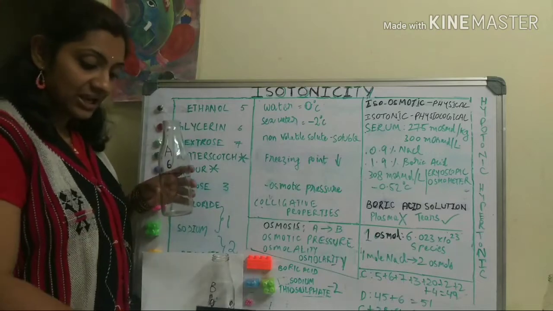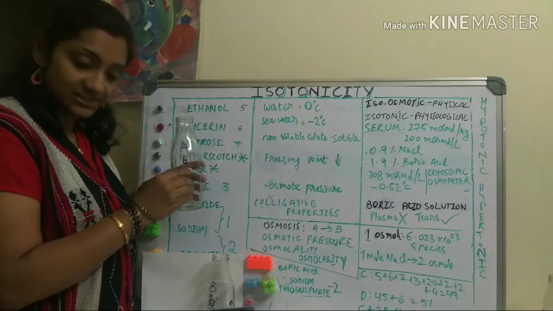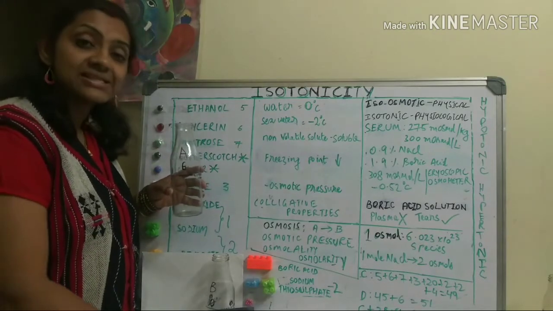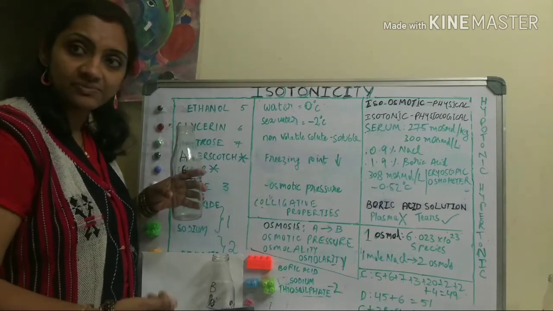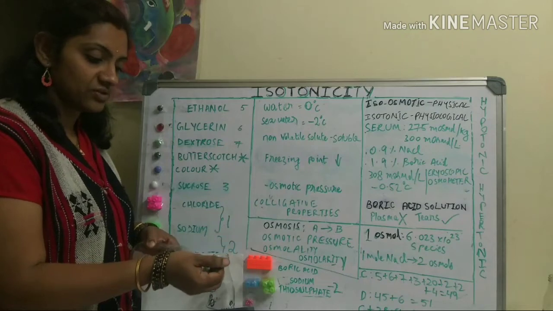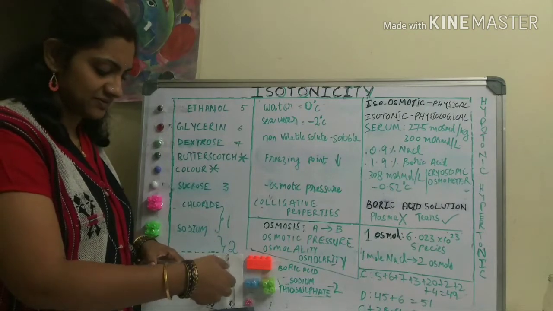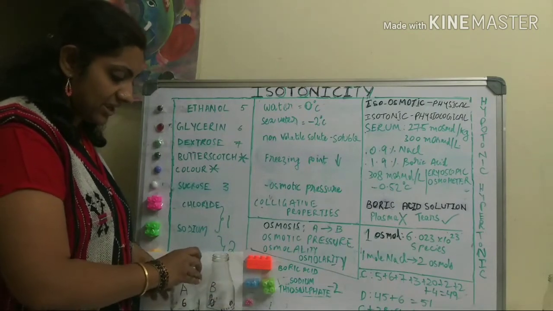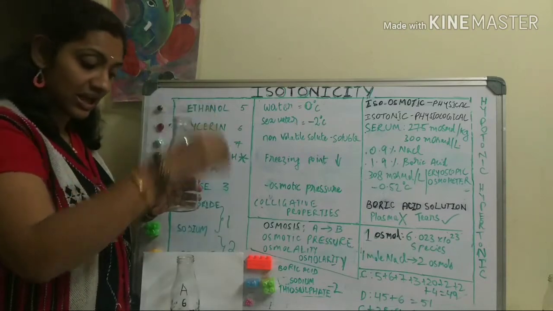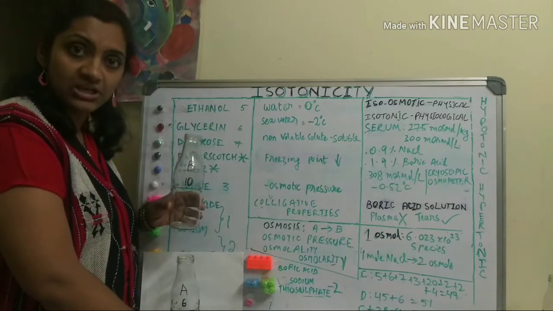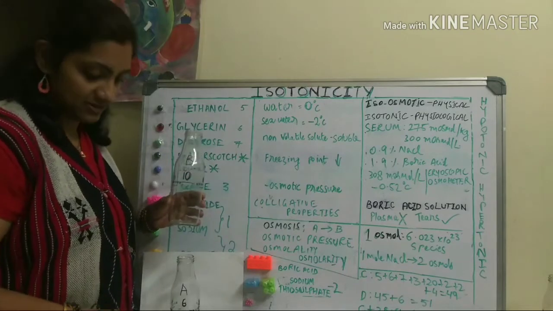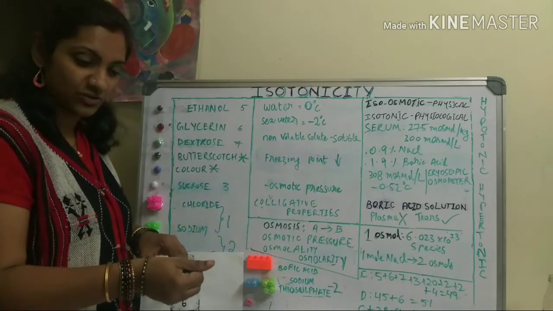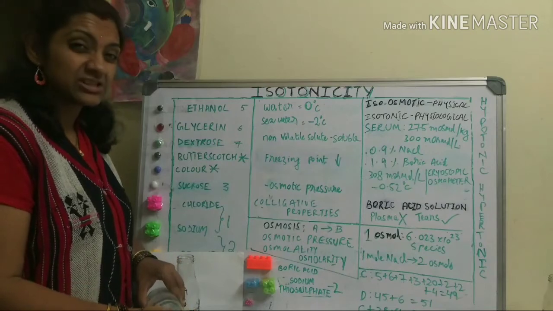This is A, marked here as 6. So, I want to put 6 soluble solute particles into system A. And here I have system B, in which the solute particles are 10.